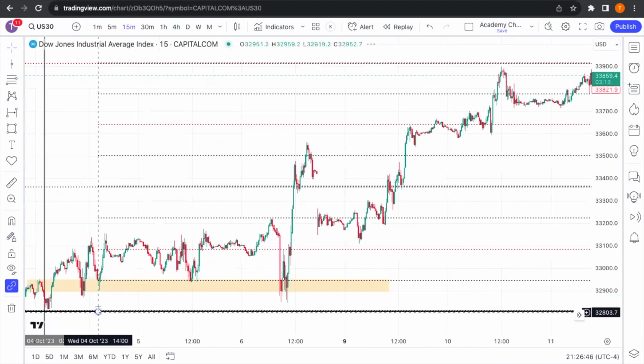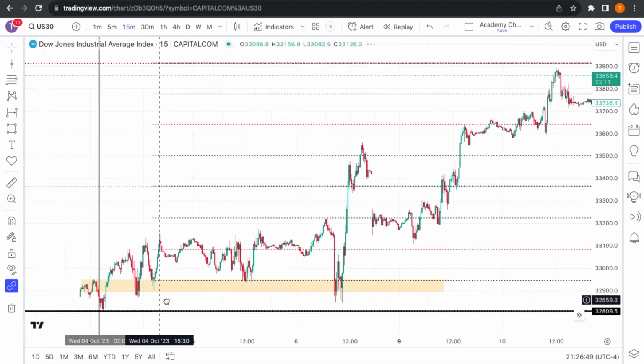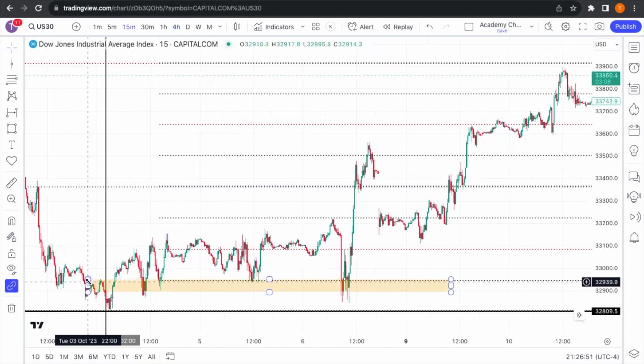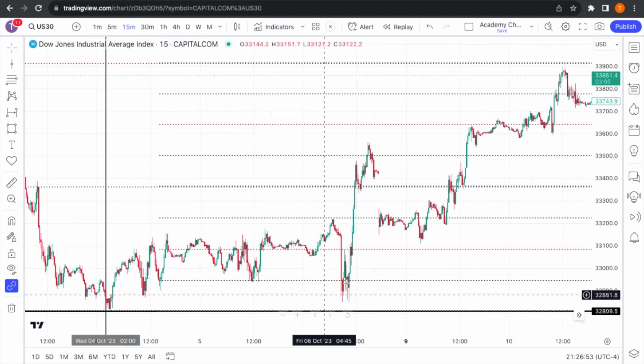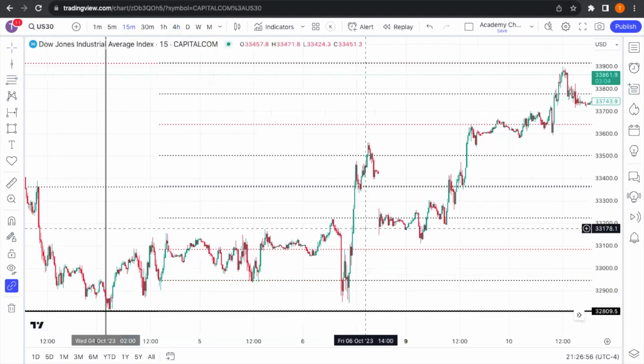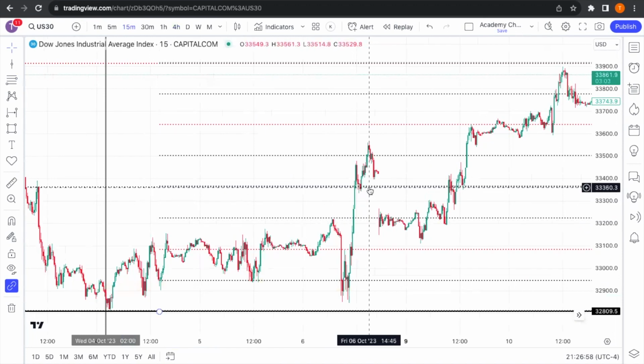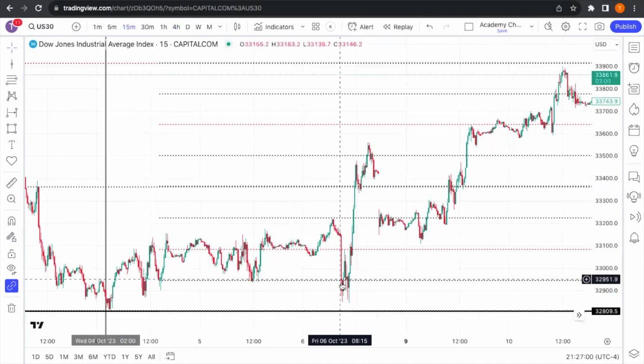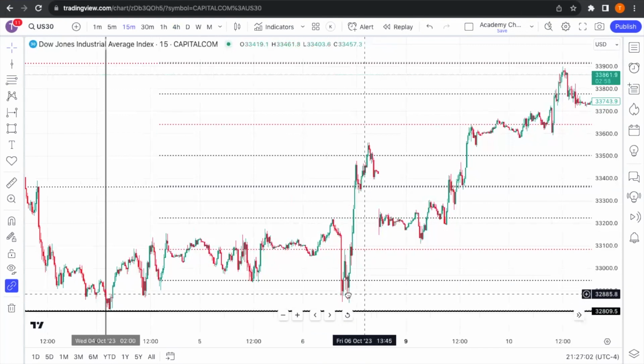So it makes the low. We'll take out the order block. So you have 25, 50, 75, flat. So you see it trades all the way down to the 25, but does not take out the low.